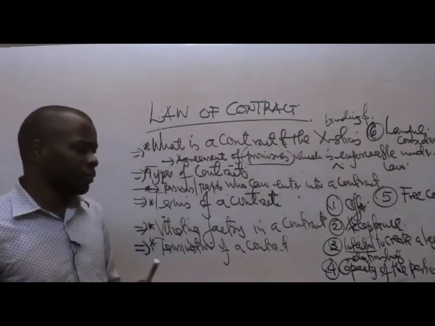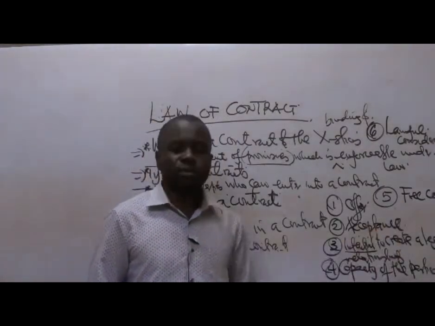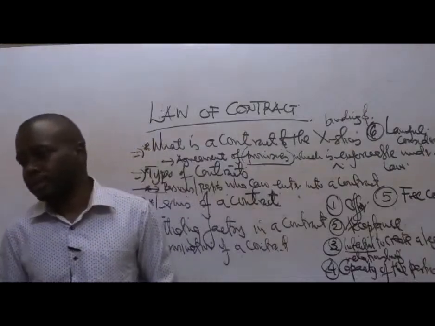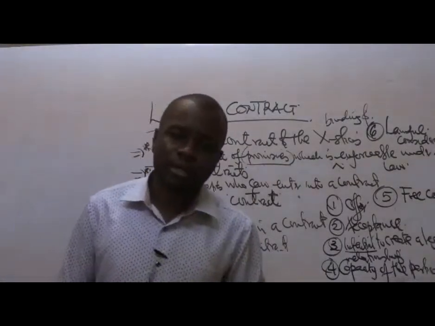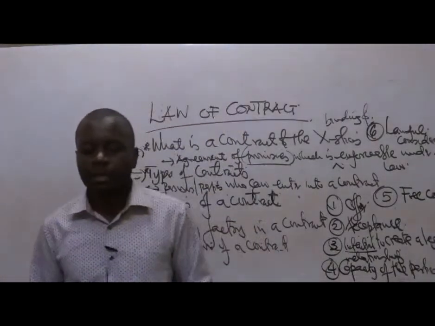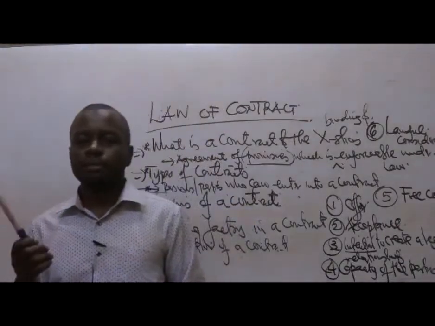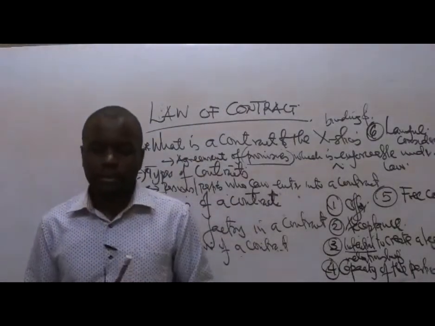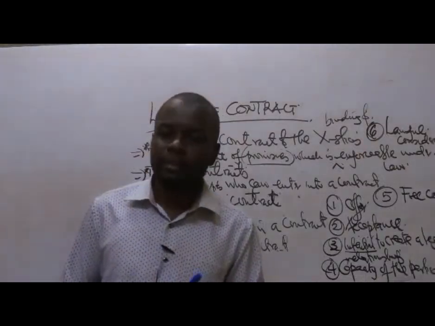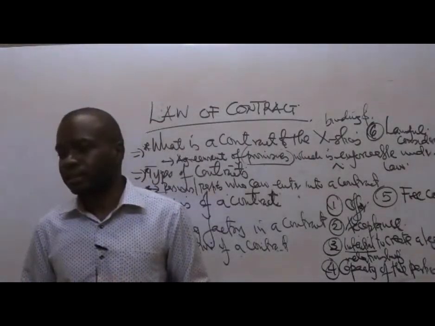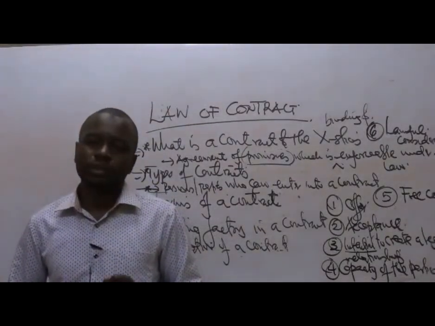It is normally a free consent. In this case, it simply means that you cannot be coerced to live with someone you don't love. When the husband and the wife are getting together, there is what we call free consent. So you cannot be forced.